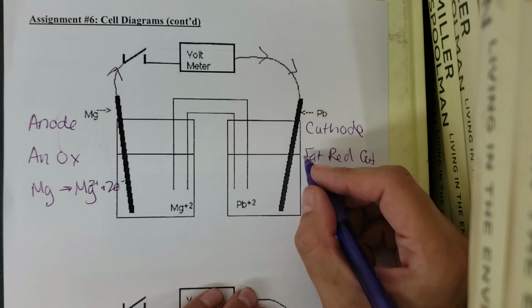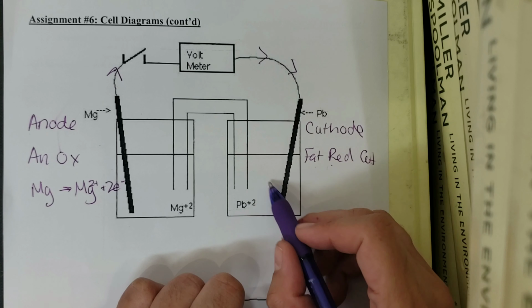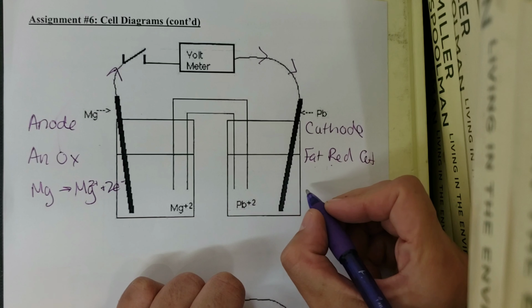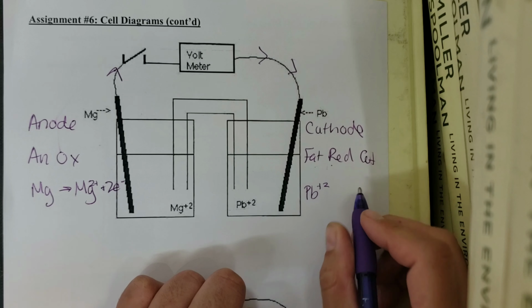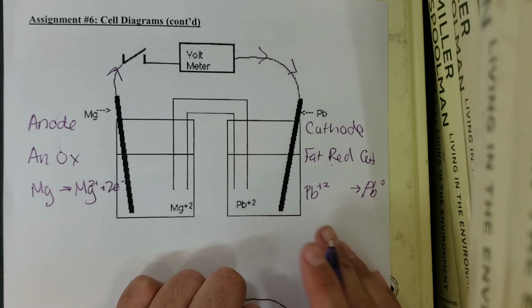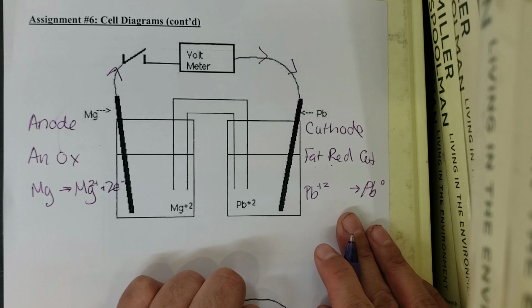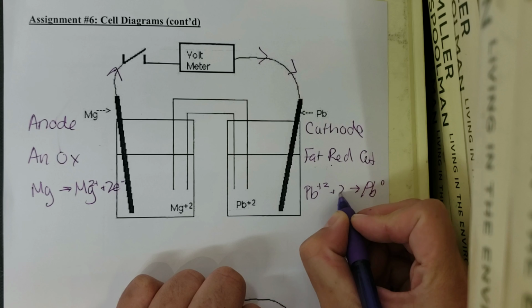So what's going to happen is the reduction of charge happens in this half cell. So in this case, my lead ion will be reduced to a lead atom. Now I have to add in electrons, and so I always add my electrons to the more positive side.